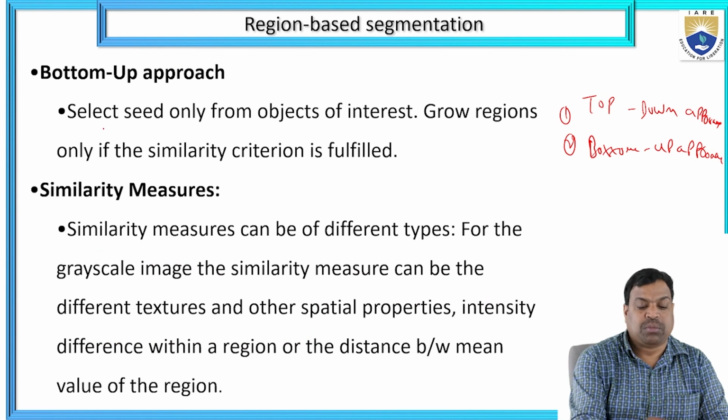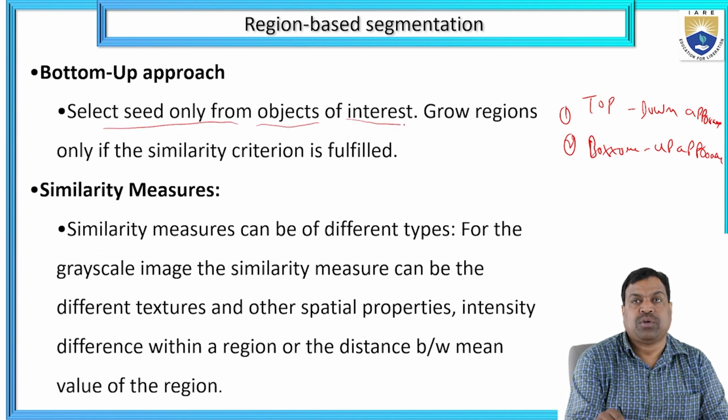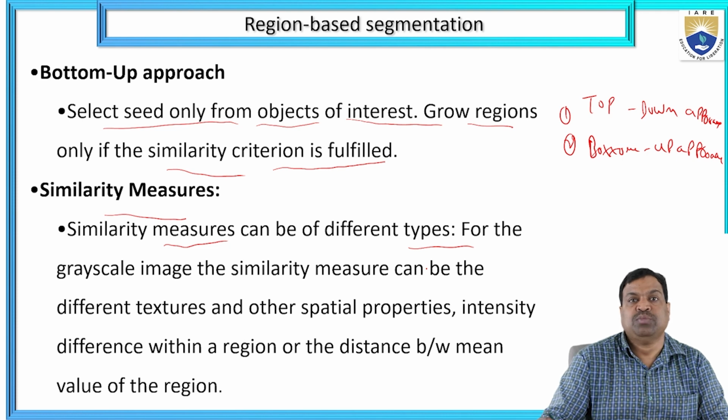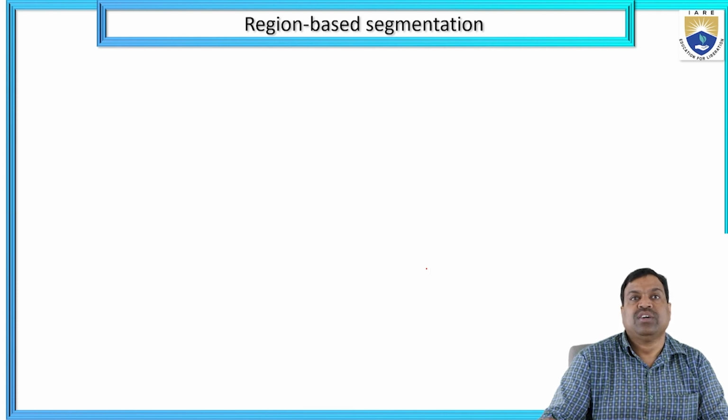But in the bottom-up approach, we select a seed only from objects of interest and grow regions only if the similarity criteria are fulfilled. The similarity measures can be of different types. For a grayscale image, they can be different textures and other spatial properties, intensity differences within a region, or the distance between the mean values of the region.